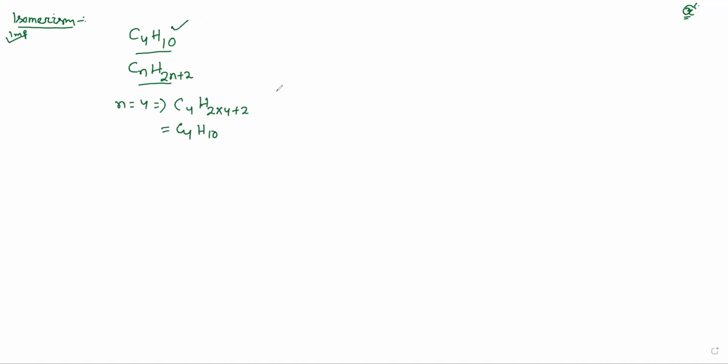Okay, so now listen. Here, I can put 4 carbon atoms in a linear fashion. Also, I can put 3 carbon atoms in a linear fashion and 1 carbon atom as a branch or side chain or as an extension. Yes or no?